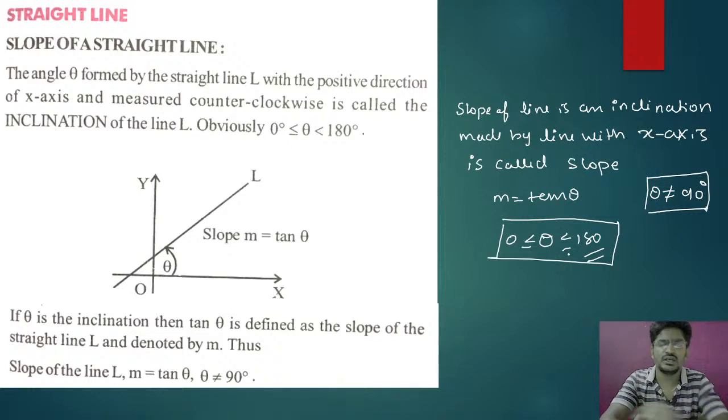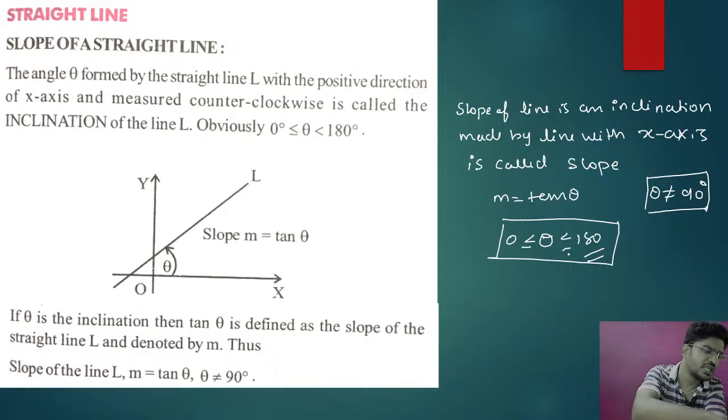So first thing, the definition of line you must know. Next, you must know the definition of slope, and the condition of the slope is theta must be from 0 to 180 degree, and here theta is not equal to 90 degree. So I feel all of you know this.